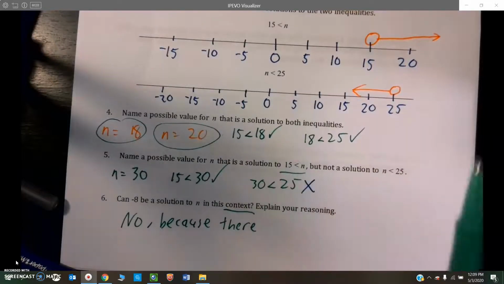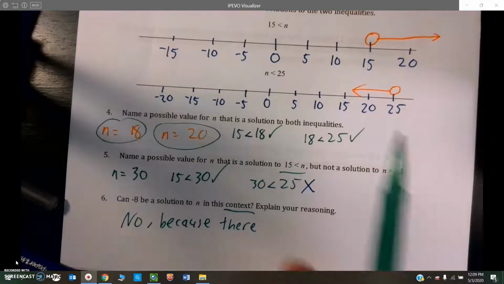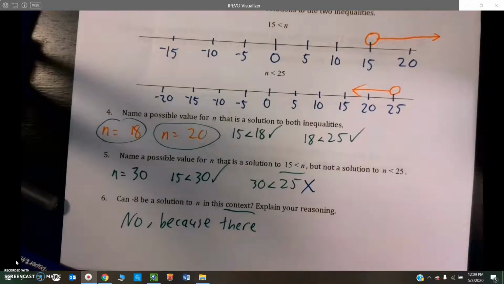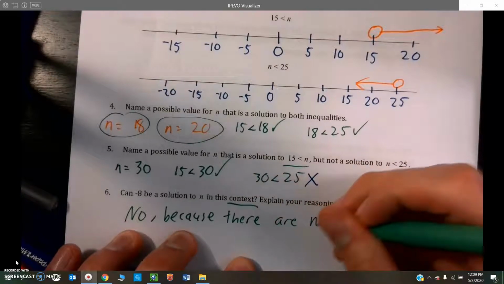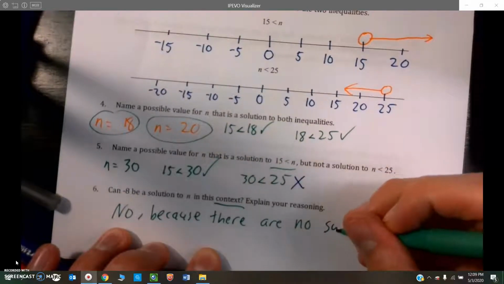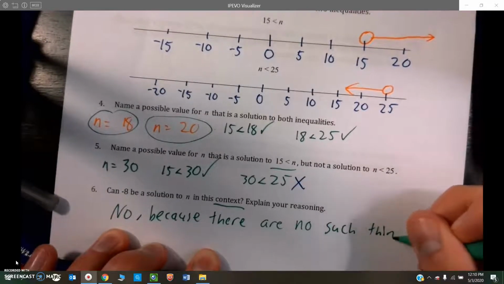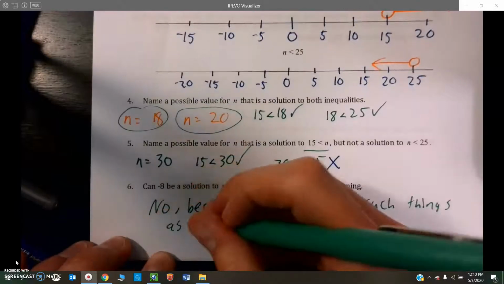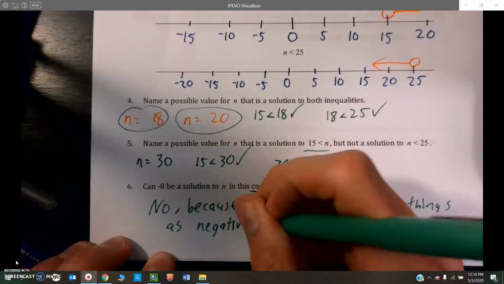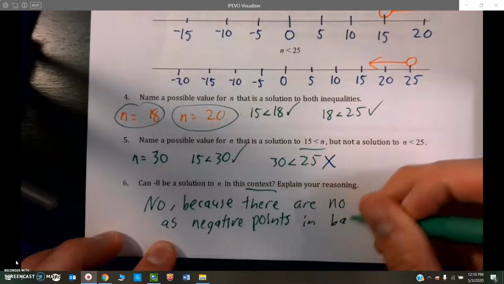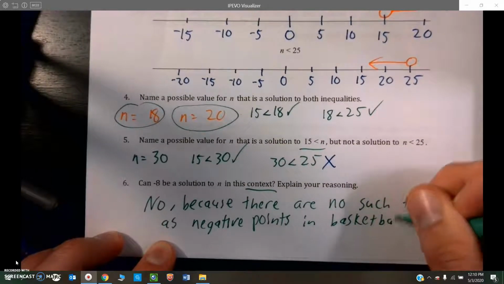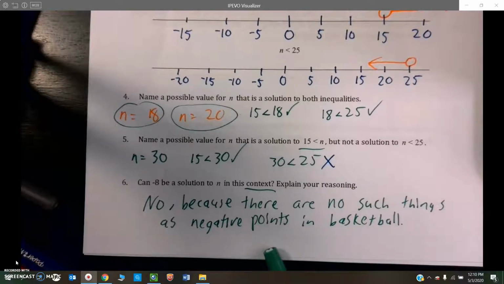However, in this context, have y'all ever heard of negative 8 points in a basketball game? I haven't. So no, because there is no such thing as negative points in basketball. So it does fit within that inequality of N is less than 25, but it just doesn't make sense given the context.